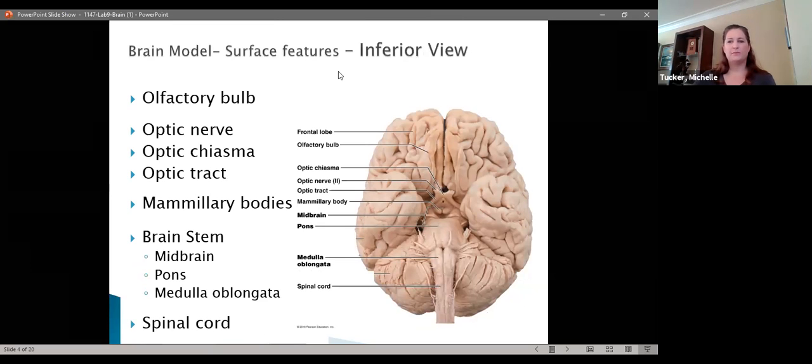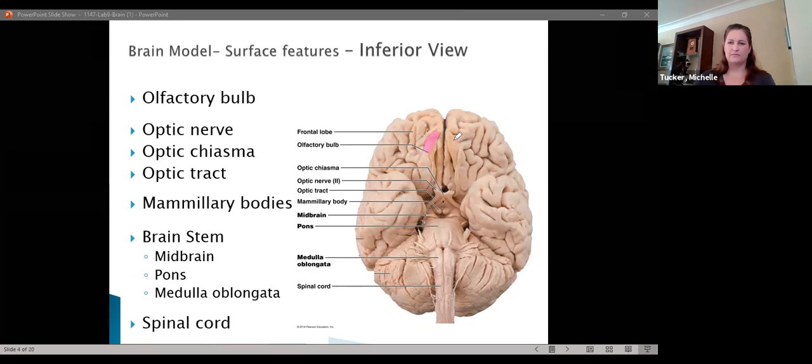Now, if we look at the brain model from an inferior view, so we flip the brain over and look at it from the bottom, the first structures that you need to be able to locate are called olfactory bulbs. So as you can guess from that olfactory, these bulbs are involved in the sense of smell.